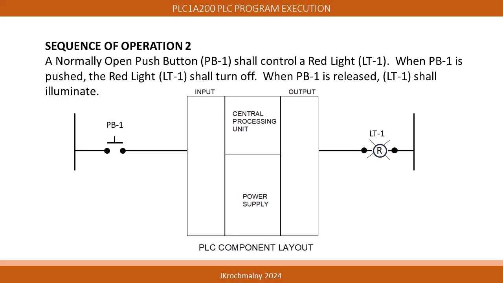Here we see with sequence of operation 2 how PB1 and LT1 are hardwired in the circuit utilizing a PLC controller. The central processing unit of the PLC will store created programs and serve as the brains of the system to execute PLC action.